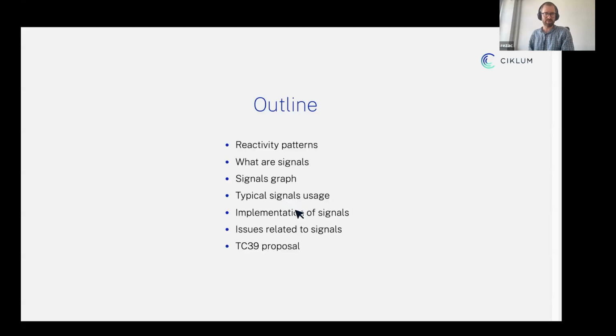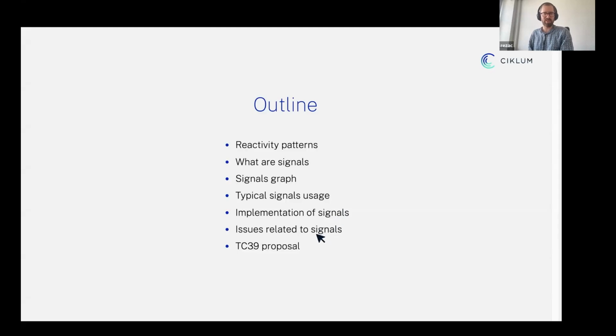And we will see some typical usage of signals in the real world, in some fictional framework. Then we will go for an implementation of very, very simple signals, with a lot of undone things, but a functional solution in 50 lines.